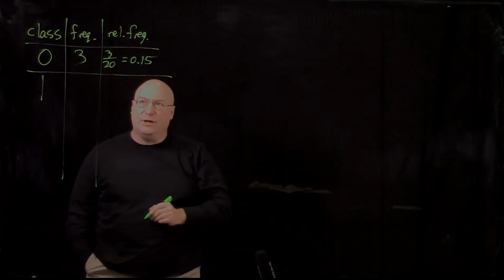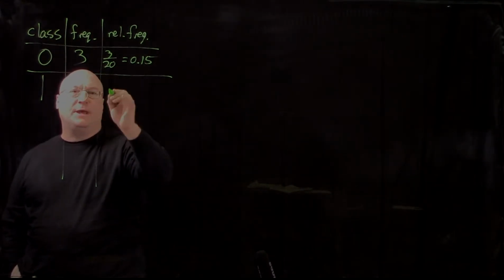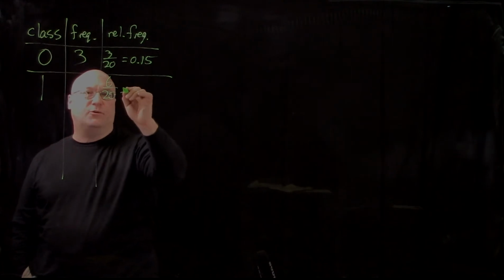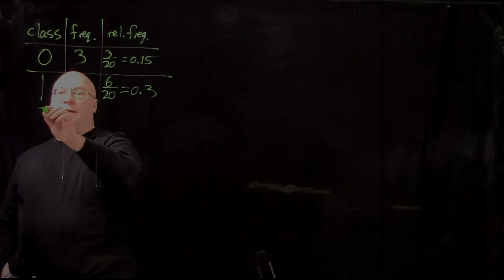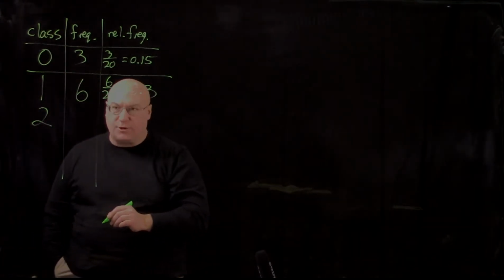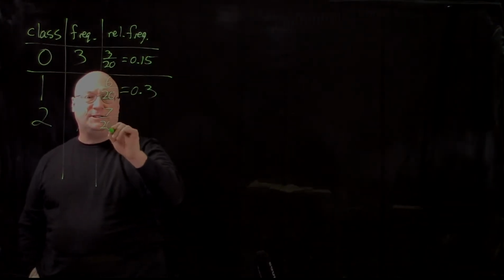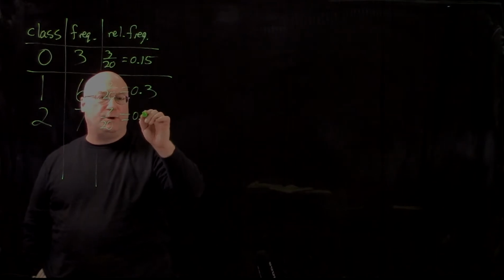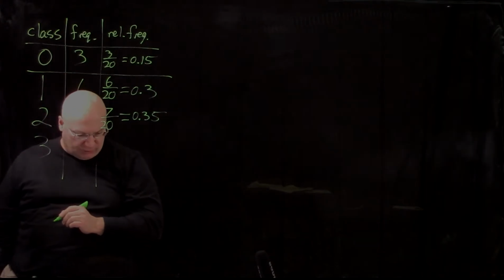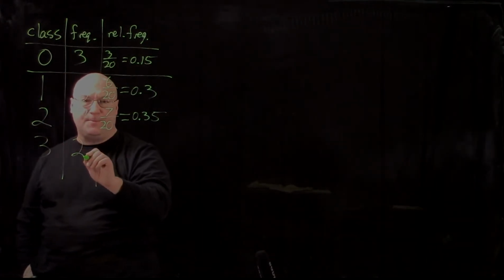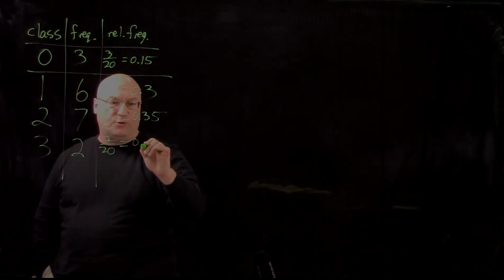What about the number of seniors who danced with just one partner? There were 6, and so 6 out of 20 gives me a relative frequency of 0.3. 2 dance partners, there were 7 people, so the relative frequency is 7 out of 20, which is 0.35. 3 dance partners, I counted 2, so that's 2 out of 20, which gives 0.1.